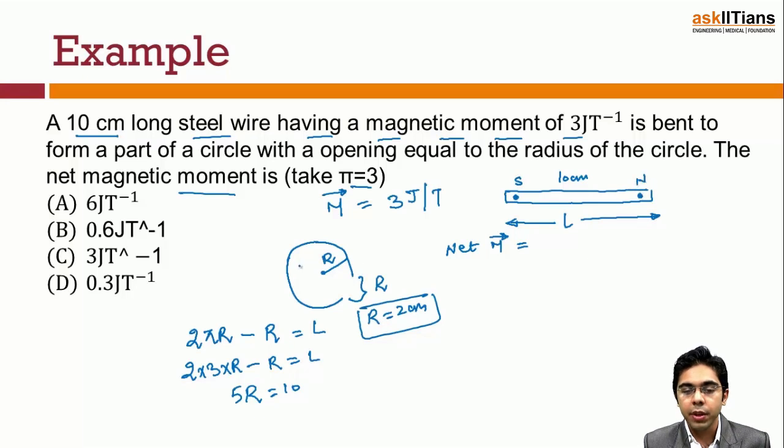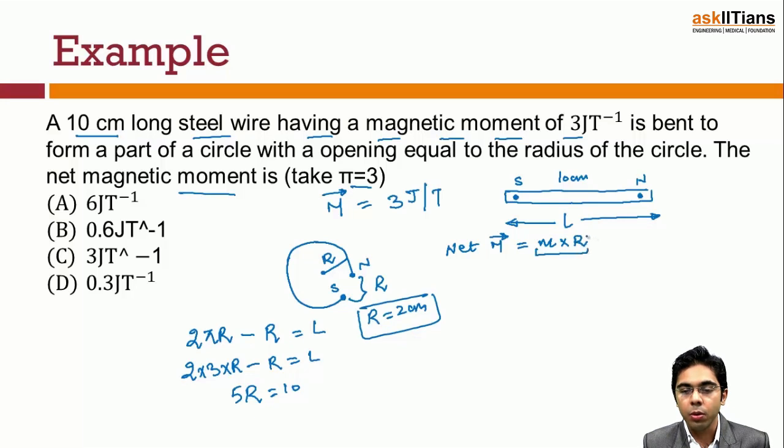We have seen in the previous example, if we mold this in the form of a circle, the south pole will come over here and the north pole will come over here. So what do we need? We need pole strength into R. This is the net magnetic moment.